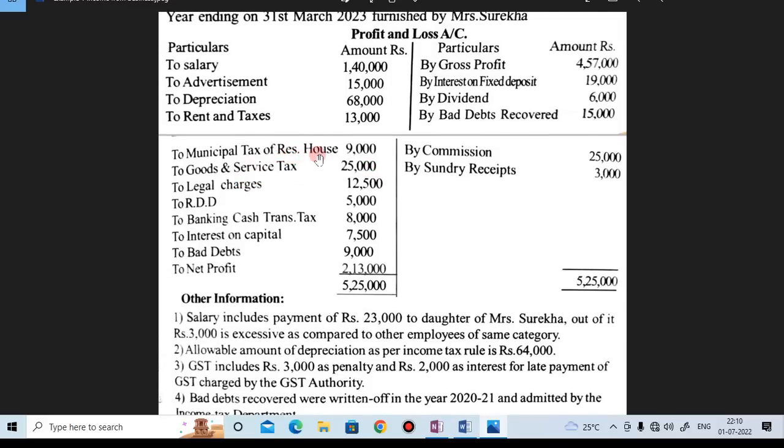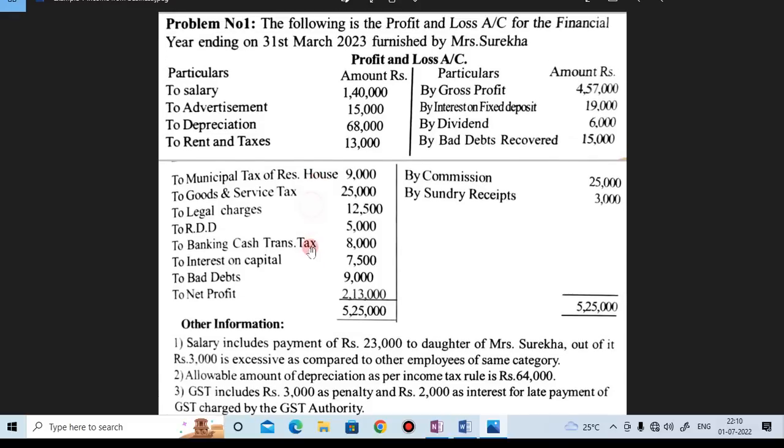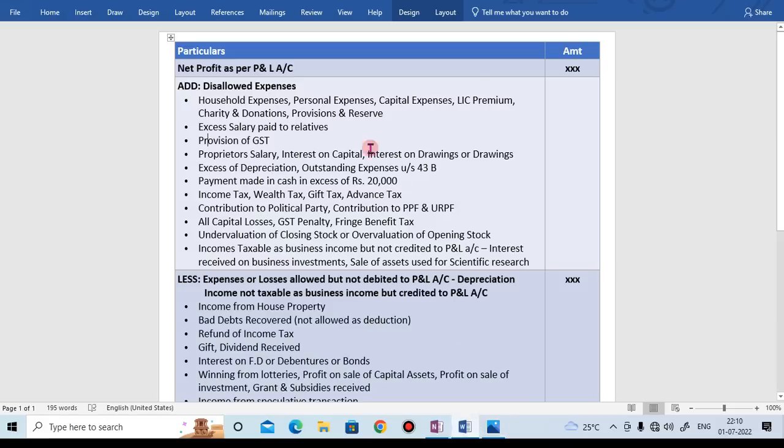It is a personal household expense of Mrs. Sureka. This 9,000 is a disallowed expense, because this residential tax is not related to business.